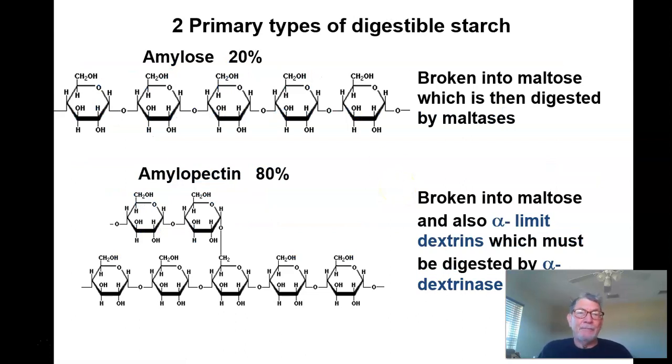So here's your main starches. Amylose is the one where we get our starch breakdown enzyme, whose name is amylase. Amylase breaks down amylose. Amylose is just a whole bunch of glucoses all stuck together. If you were to break this apart, you could get a disaccharide, a small polysaccharide, or a monosaccharide if you broke it far enough.